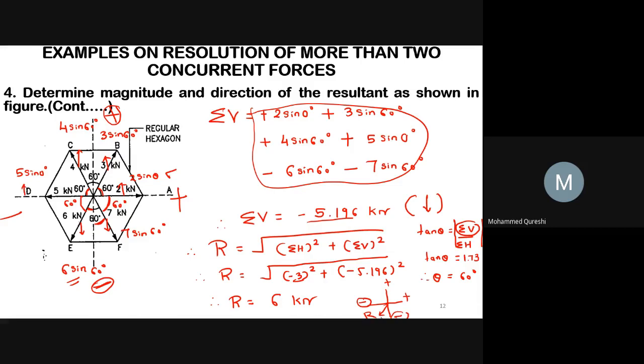So this way you may calculate the value of the resultant, that is capital R, and theta.